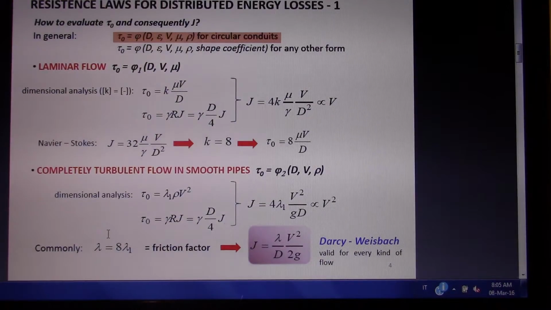Hence, from dimensional analysis you get this stuff, so tau 0 is equal to lambda 1 times rho v to the power of 2. Again, you compare this thing with this one, and exactly as in the previous case, we can get an expression for J. So, let's go back to our paper. Again, if I don't make any disaster.